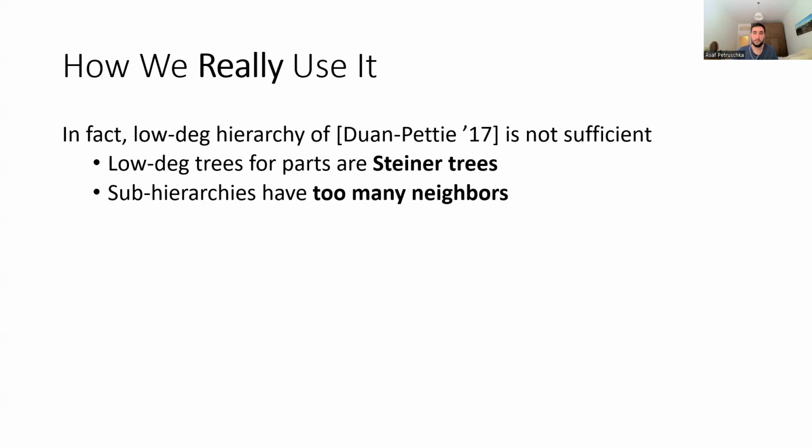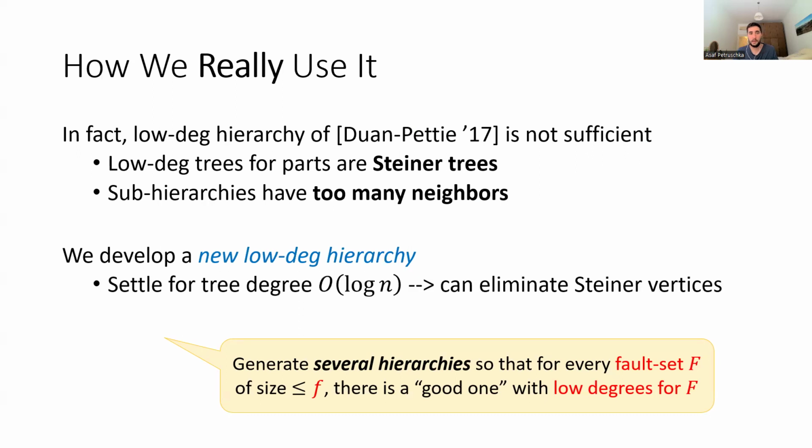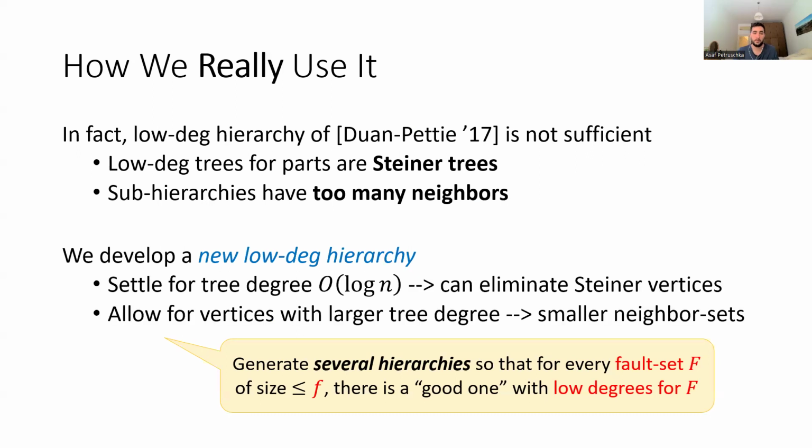To get over these problems, we develop a new low degree hierarchy using the Duan-Pettie decomposition as a starting point, and then we tackle exactly these two issues. First, we can settle for logarithmic degrees in the trees instead of constant, and then we show how to eliminate the Steiner vertices from the tree.